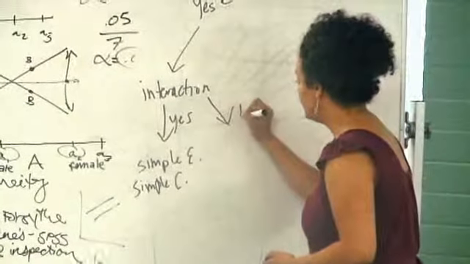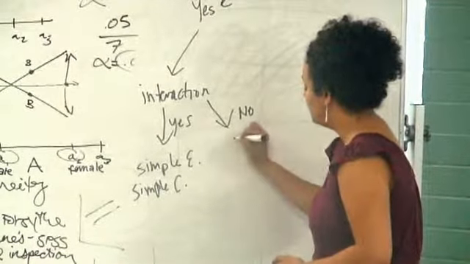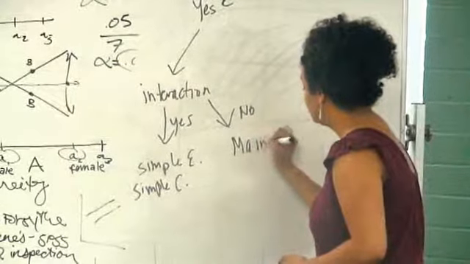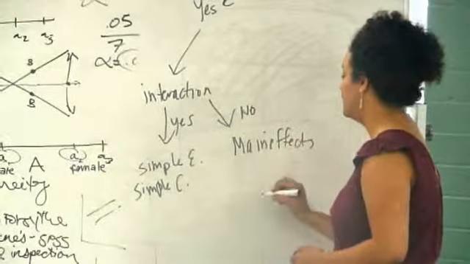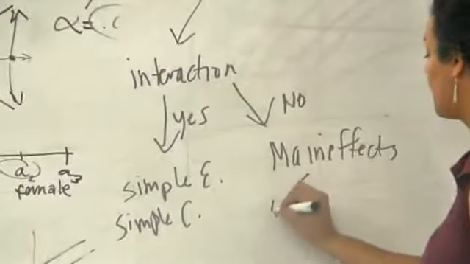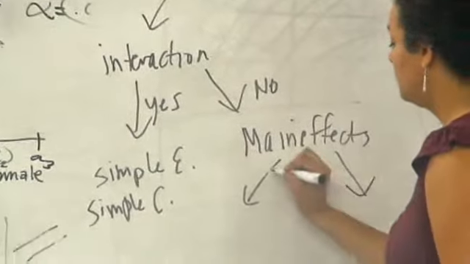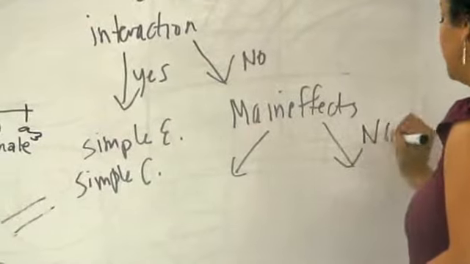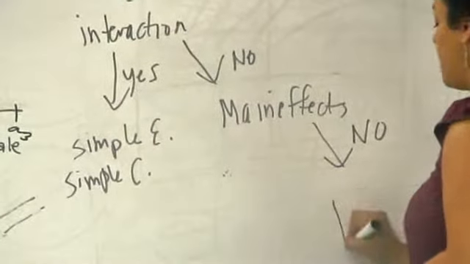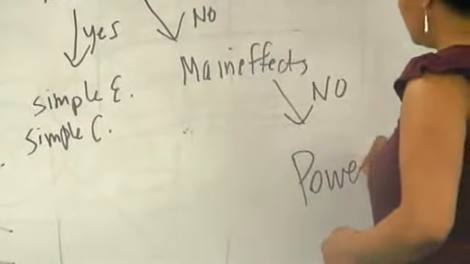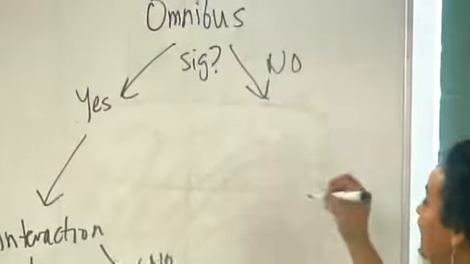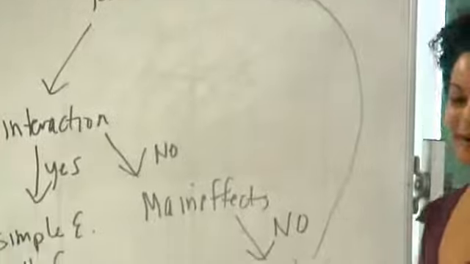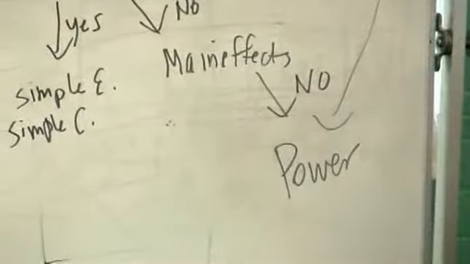Interaction not significant, then you do main effects. And if those weren't significant, then do power analysis. And if the omnibus wasn't significant up here, you might also want to just do power analysis.